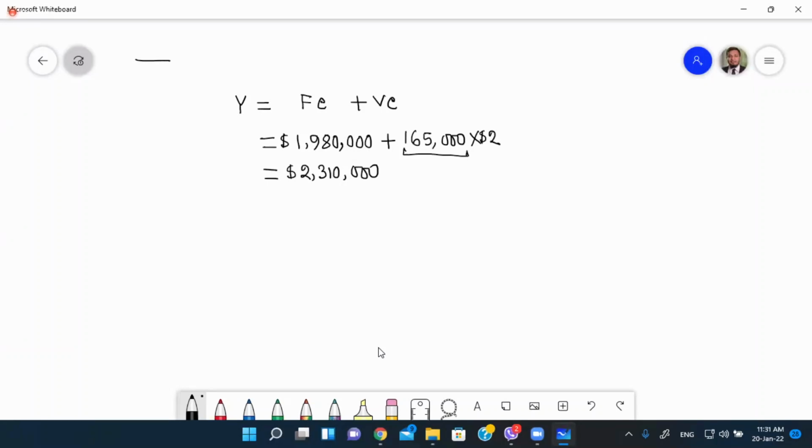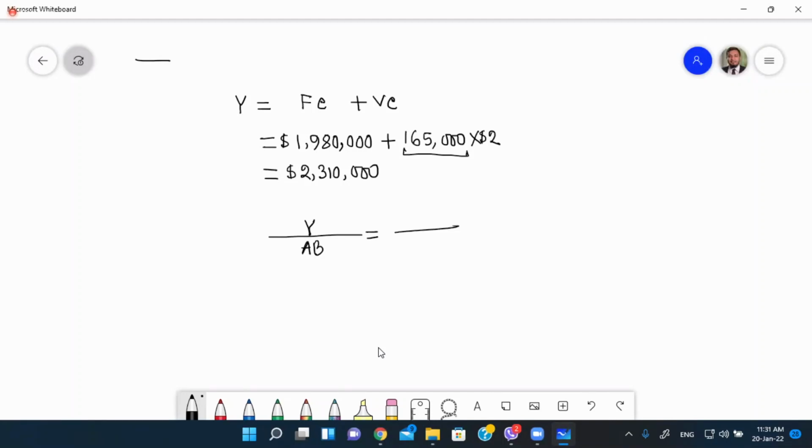For the plant-wide predetermined overhead rate, we can divide the total overhead cost estimated, obviously, by our activity base, which is the total machine hours for which the plant will be operating. Here I mean the estimated total overhead, and here I mean the estimated total machine hours.